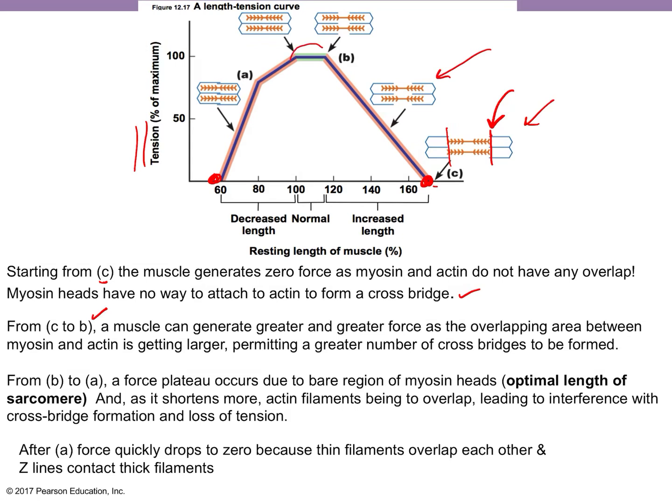So there's an optimum length, which is in this green area at the peak here. So the optimum length of the sarcomere is basically the resting length of the sarcomere. And you have an optimum overlap of myosin. So the bare region is not overlapped because the bare region doesn't have myosin heads. It doesn't take part in contraction anyway, but you have full overlap where you have those myosin heads in actin.